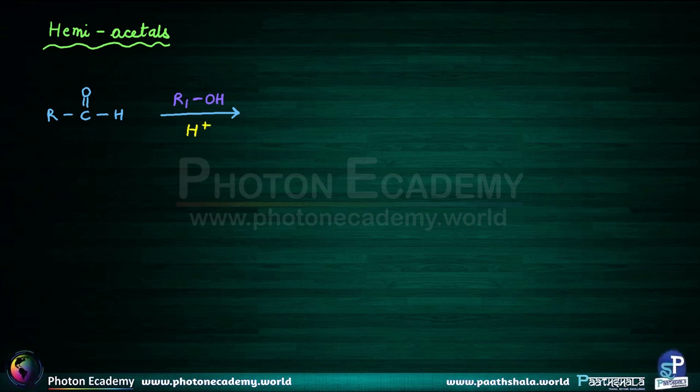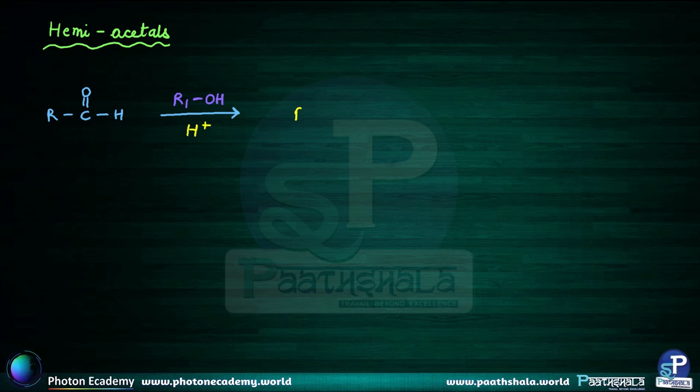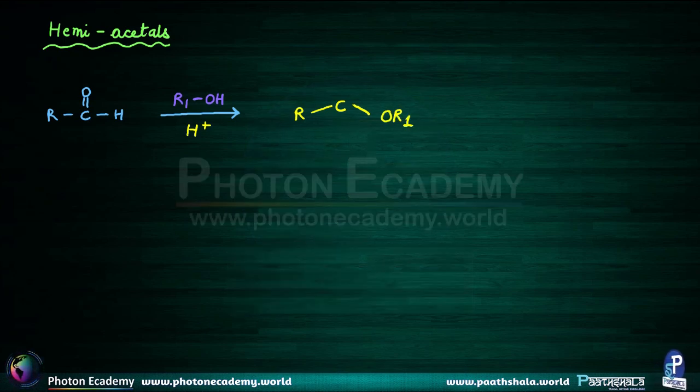Now, what happens is this R1OH combines with this aldehyde, and what I get is R, C in the middle, and an OR1. Now, where is this OR1 coming from? This O is from here, and this R1 is from here.